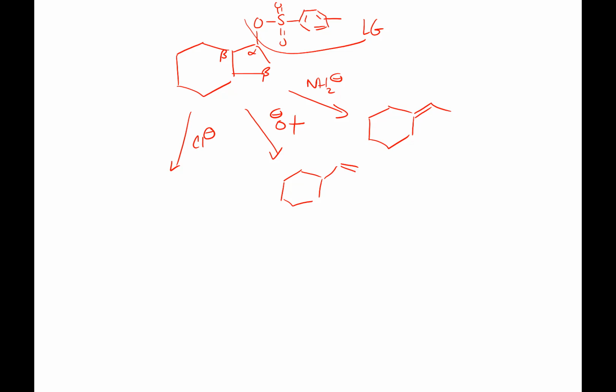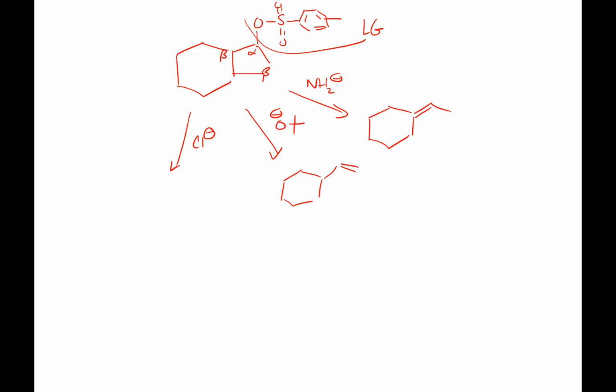I could react this with Cl minus. What's that going to do? It's going to come in and, remember, this is now a really good leaving group. The Cl minus is going to come in and kick off the leaving group, which is tosylate.